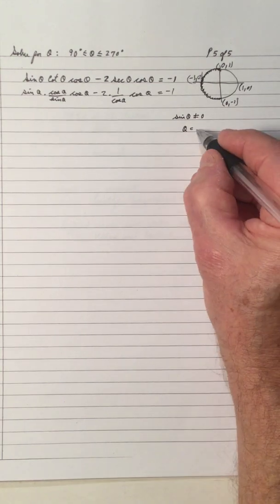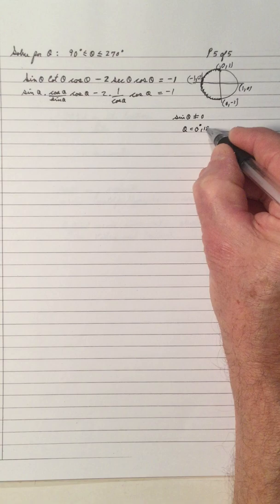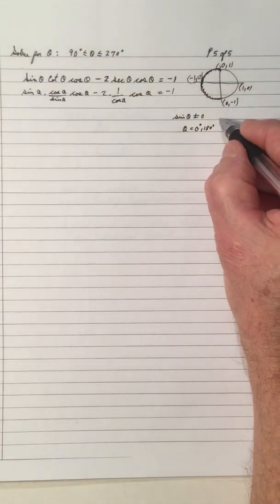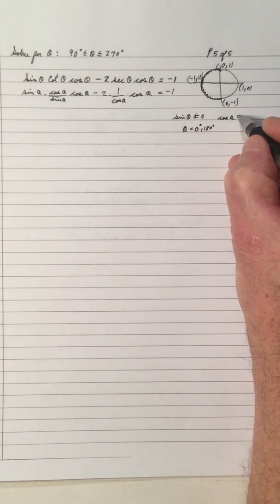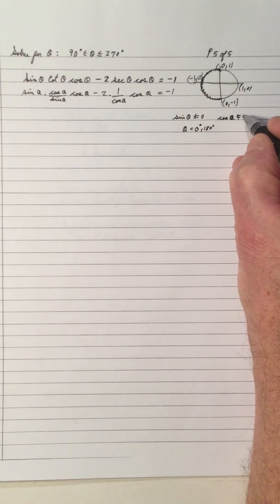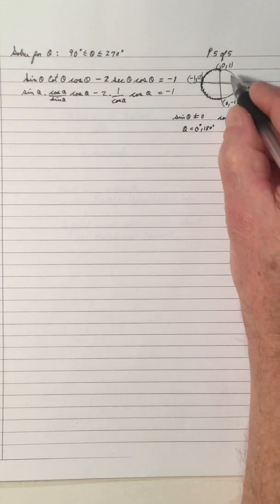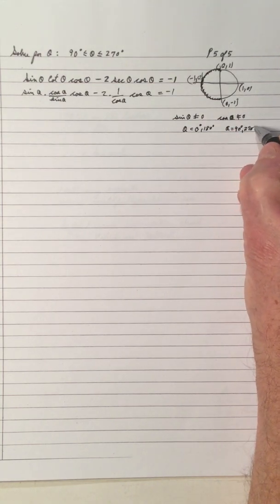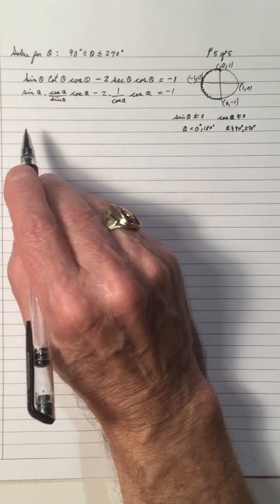Sine is the y, which is 0 at 0 and 180. 360 we don't have to use. And it says that cos theta cannot be equal to 0. Cos is 0 at the 90 right here and at 270, but we can't have those, so I can't have these angles because it makes this undefined.